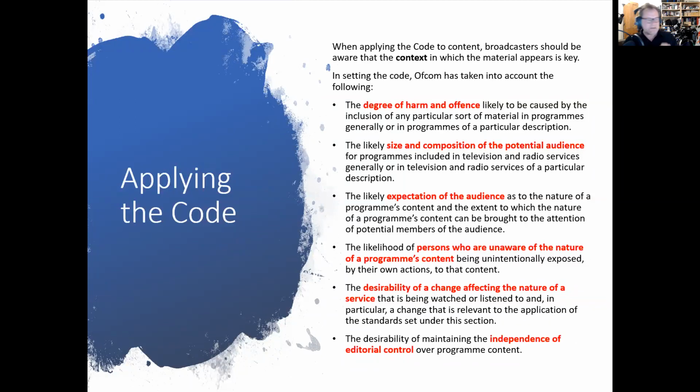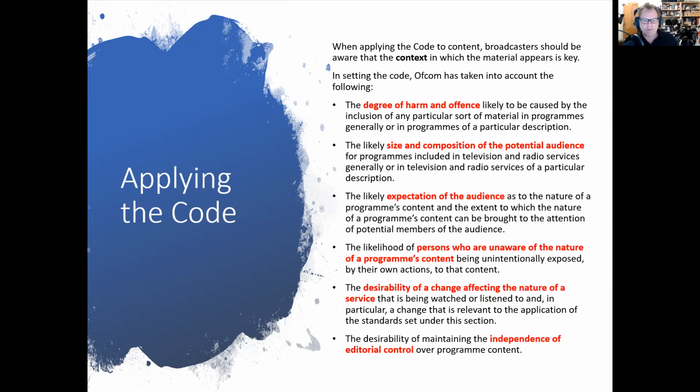But underpinning this is a really essential principle about editorial control. And this is not about Ofcom having any editorial control over the content. You have the editorial control, and they want to ensure that you're not being unduly influenced by any other organisation.